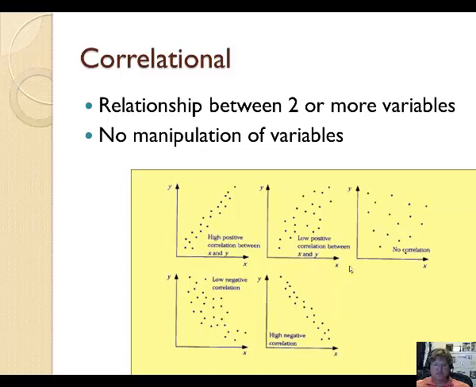Here's a low positive correlation between X and Y, because we still see that pattern, but it's more spread out. Here's no correlation. Here's a low negative correlation. As Y is going up, X is going down, and vice versa. Here's a high negative correlation where they're more grouped in.